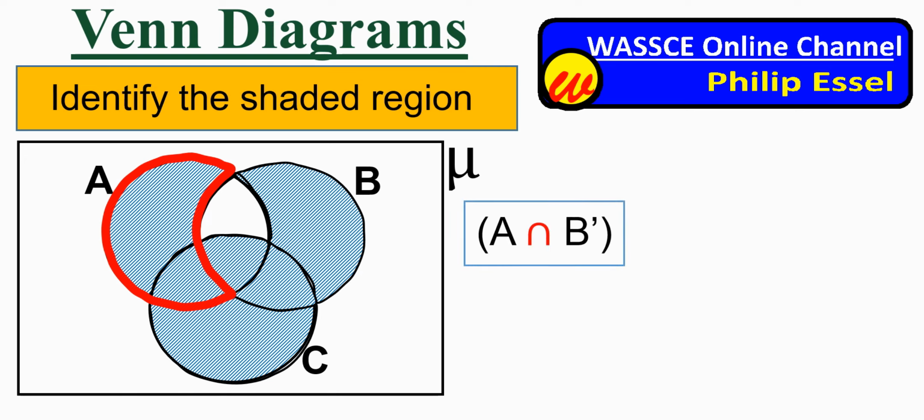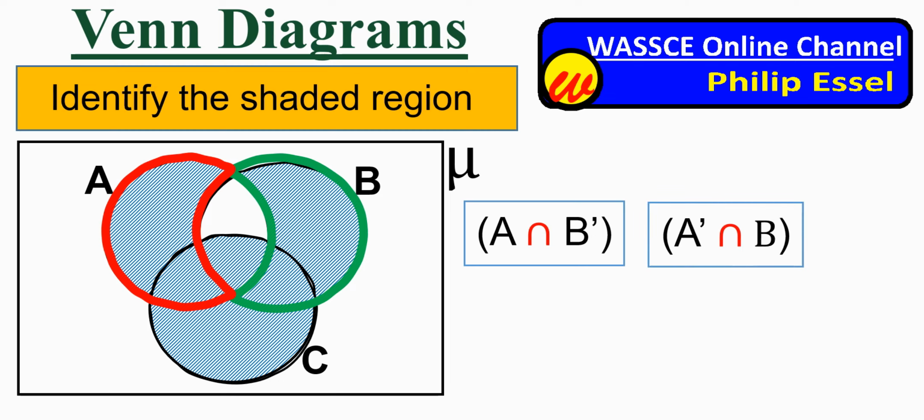Well, its notation is A intersection B complement. That is only A without B. Let's look at the second part. This is the second part of the shaded region. I believe you remember its notation too. Well, its notation is A complement intersection B. That is only B without A.